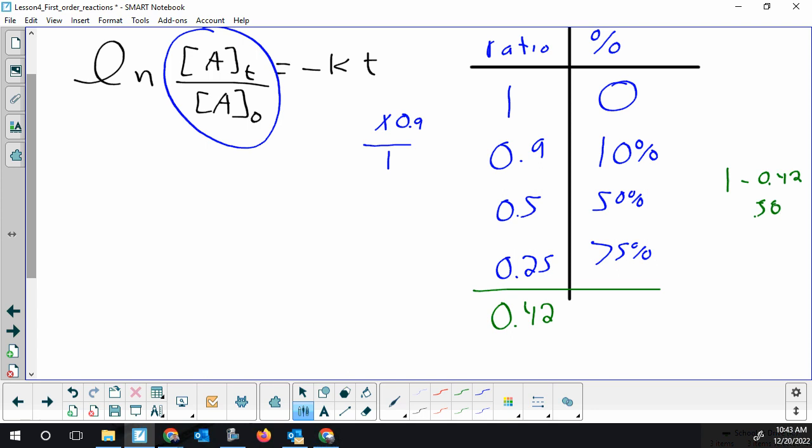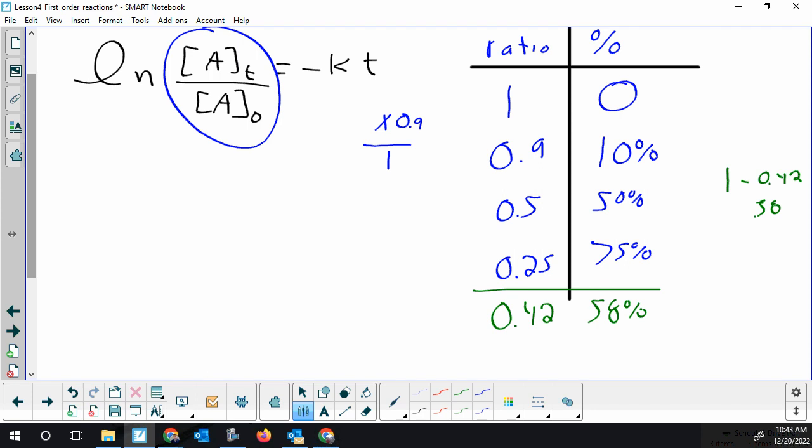So we're 58% into the reaction. I just put a line here. The blue is a trend, and then this is just an example of flipping between the two. That's why I switched colors and put a line.